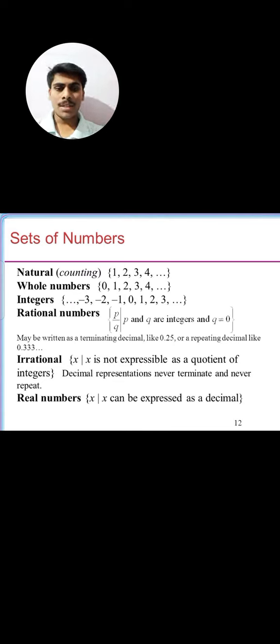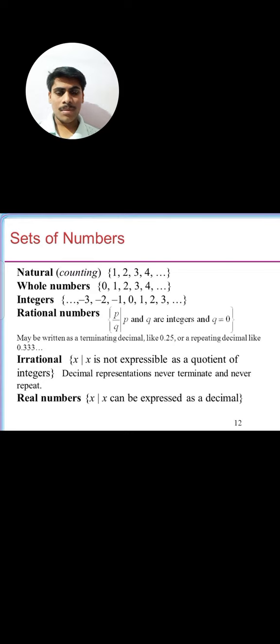Whole numbers are 0, 1, 2, 3, 4. Integers are minus 3, minus 2, minus 1, 0, 1, 2, 3. Rational numbers are p by q, where p and q are integers and q is not equal to 0.